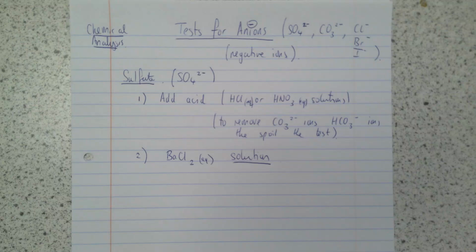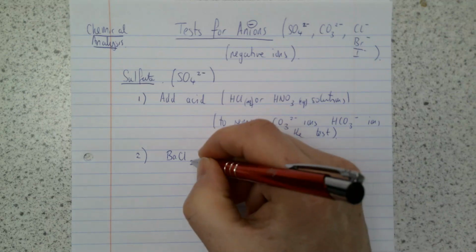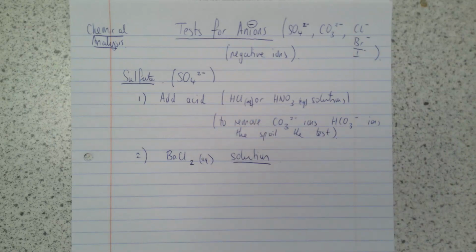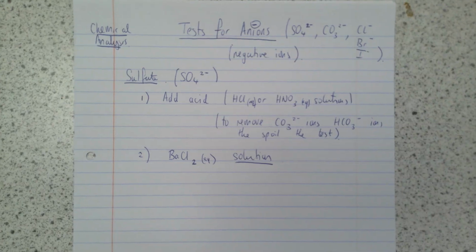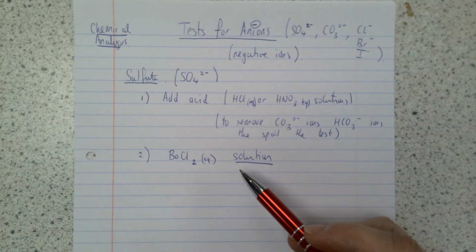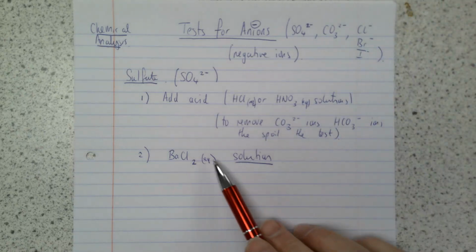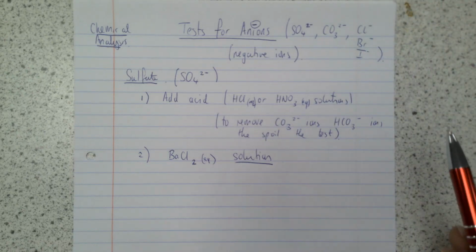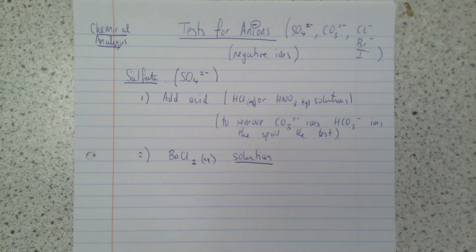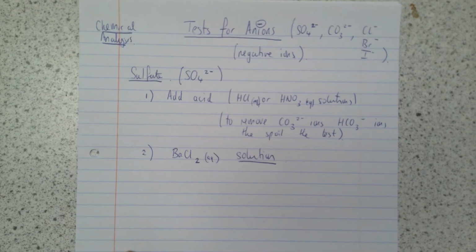There's no good doing a precipitation test without having the solutions. Make sure that if you're writing the formula of barium chloride, you've got a 2 there. Some people are missing out the 2, I think. Or give the name if you prefer.